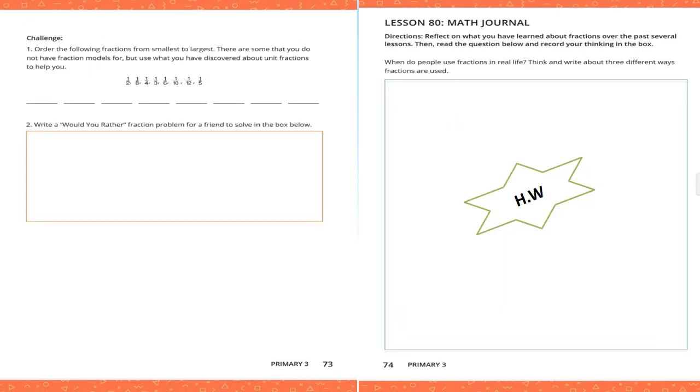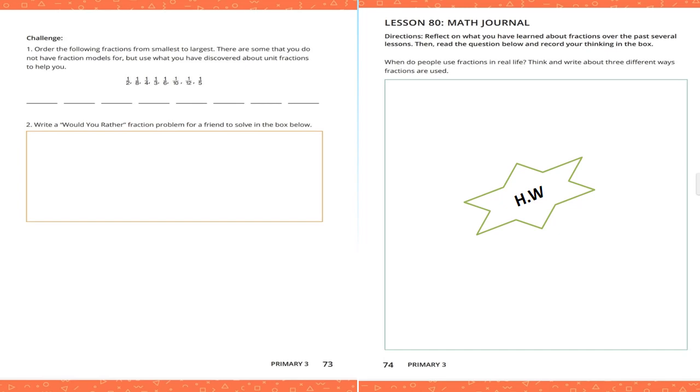Here we have a challenge part. We want to order these fractions from the smallest to the largest. From the smallest means ascending order. Which one of these fractions is the smallest? We know that they are crazy fractions.